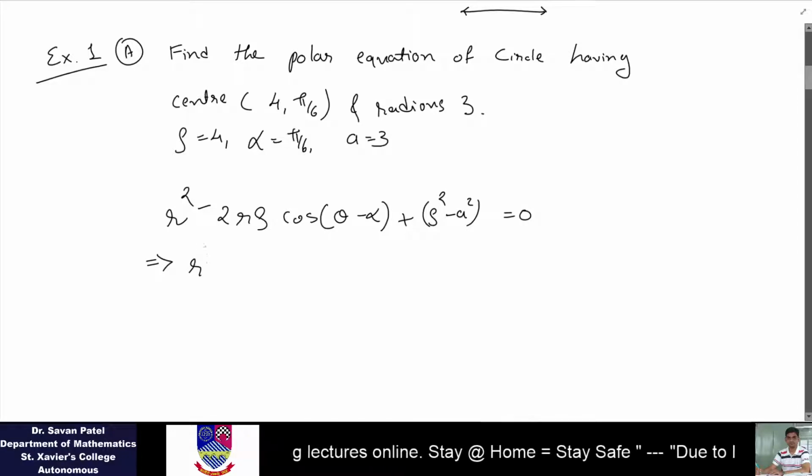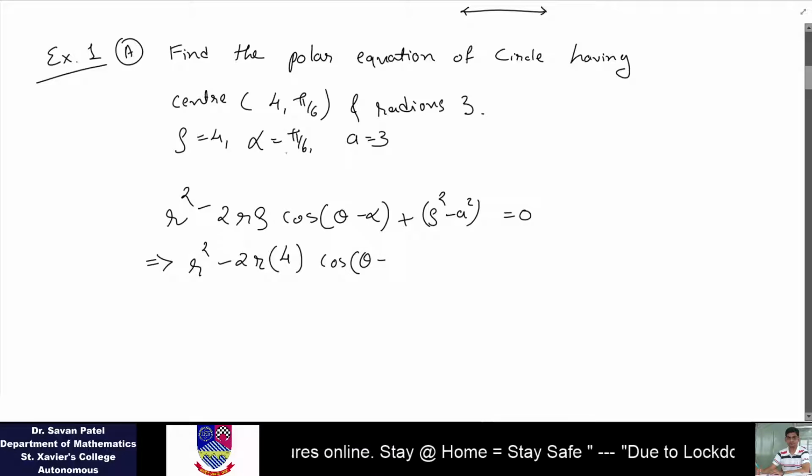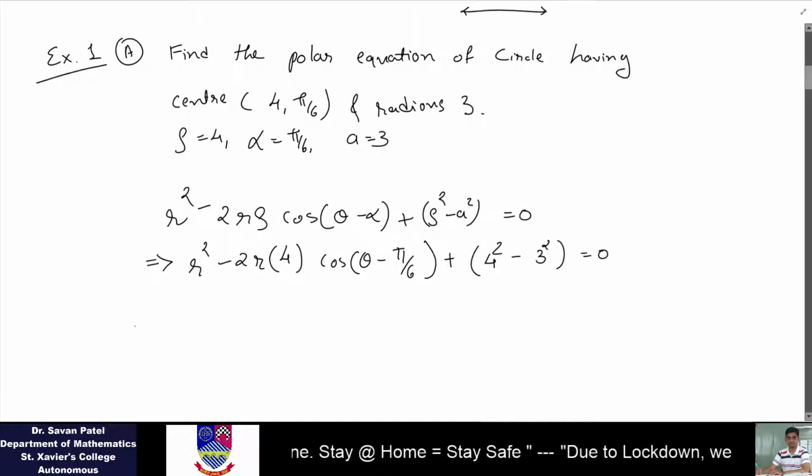Here, r square minus 2r times rho, which is 4, cos(theta minus alpha, which is pi by 6) plus rho square, that is 4 square, minus a square, that is 3 square, equals 0.